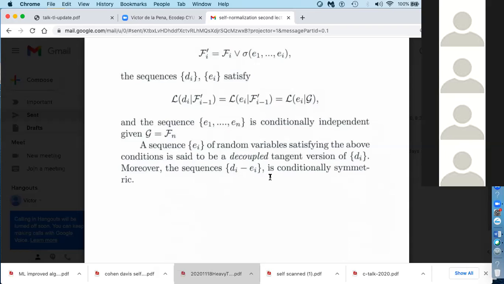Now, I want to stress that the D sub i don't have to be identically distributed or independent. The D sub i can have any dependent structure. So this allows us to symmetrize arbitrarily dependent variables, and the result will be conditionally symmetric.